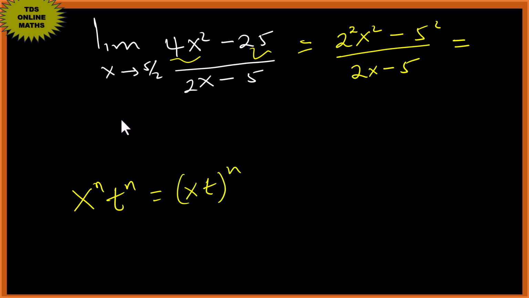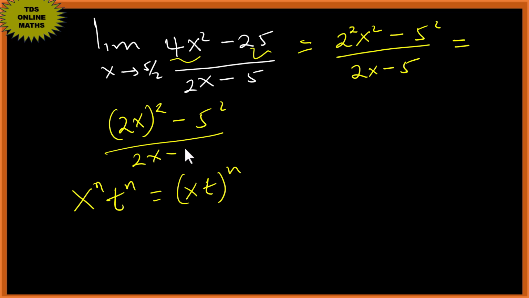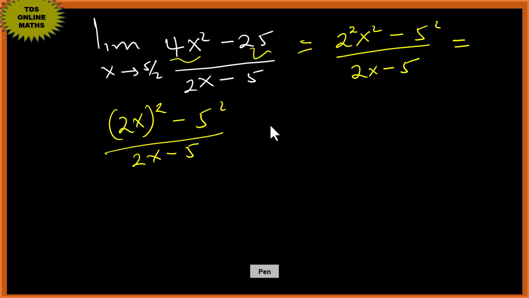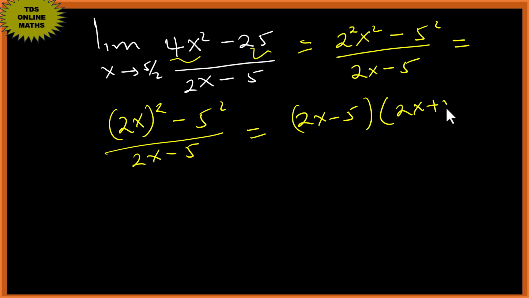So I can say (2x) all raised to 2 minus 5 squared on 2x minus 5. All right, so I can go ahead and write the numerator as (2x minus 5)(2x plus 5) on 2x minus 5.